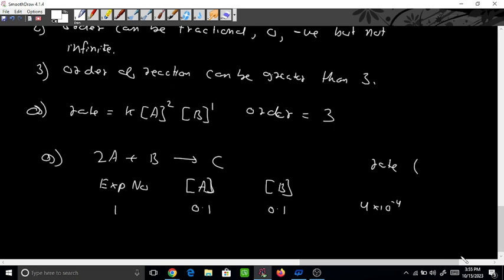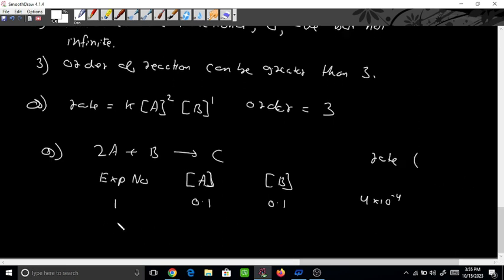This is the first part. Then the second: concentration 0.3, here also 0.3, and the rate was 1 into 10 to the power minus 3.